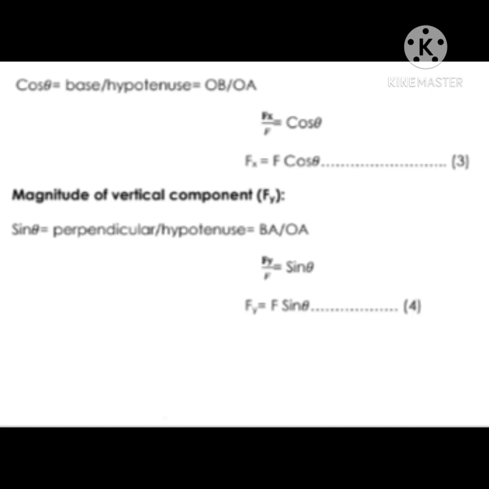And the magnitude of the vertical component, that is Fy, sine theta equals perpendicular over hypotenuse. Perpendicular equals BA and hypotenuse equals OA. By putting these, we have Fy upon F equals sine theta. By this we have the vertical component, Fy equals F sine theta.